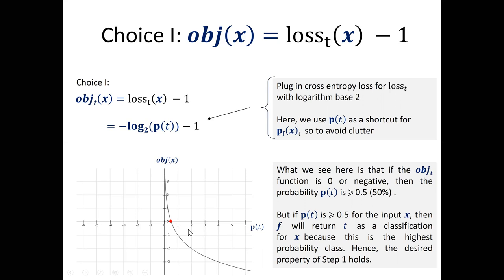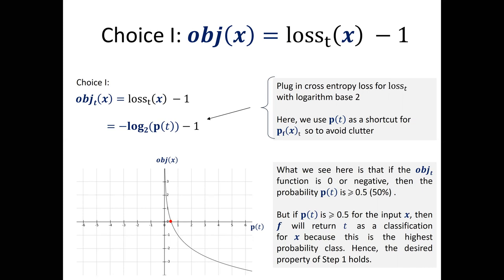And so what we see here is that when the probability that x gets classified by f as t is where the red dot is here, where my cursor is, the red dot is 0.5 or greater, at that point, it will certainly get classified to t, because the probability is 0.5 or greater. At that point, the value of the function is negative or 0 here at the red dot. And so that function satisfies the condition that we want, the one that we stated in step 1.